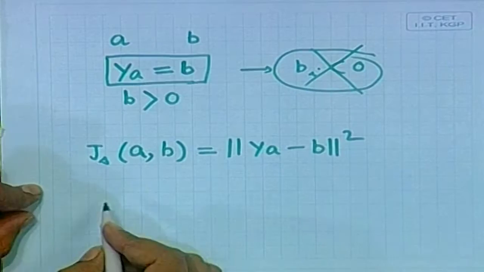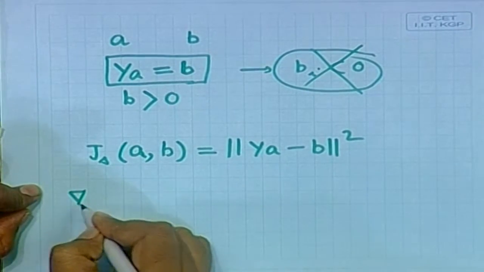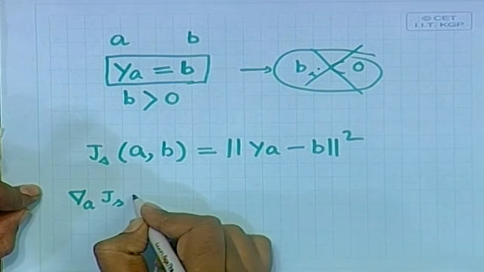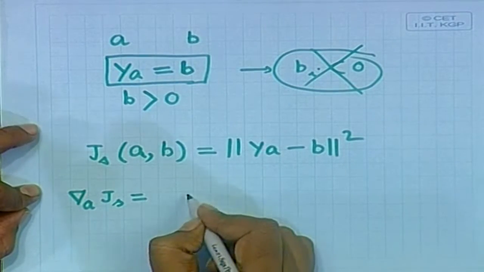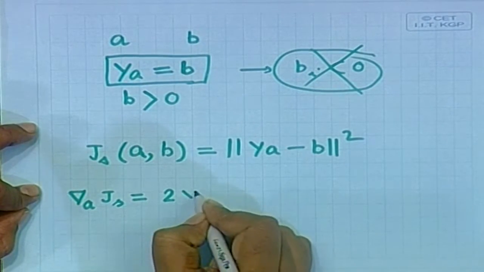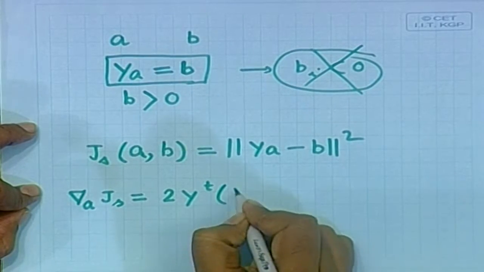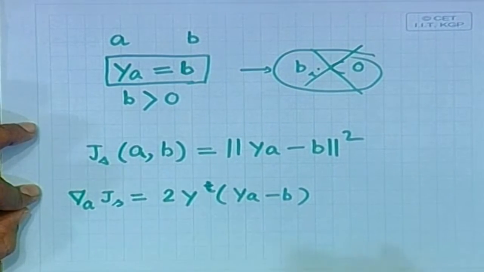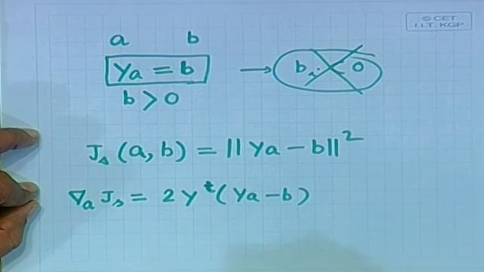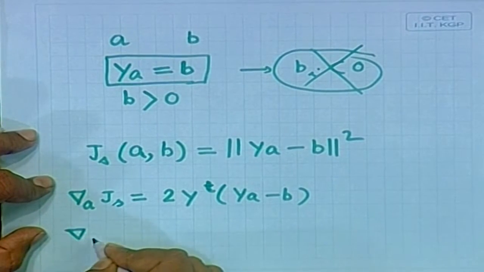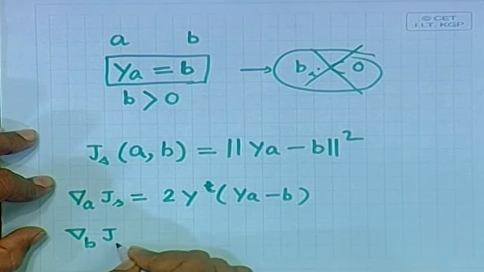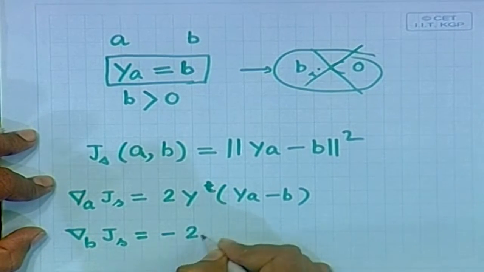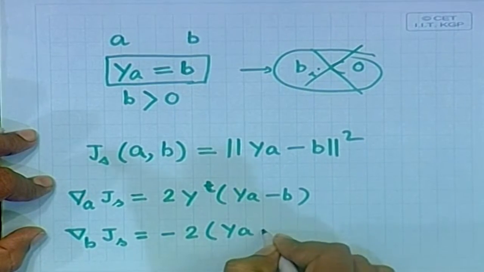The gradient of Js with respect to a is what we have seen earlier: 2Y transpose (Ya minus b). And the gradient with respect to b is minus 2(Ya minus b).